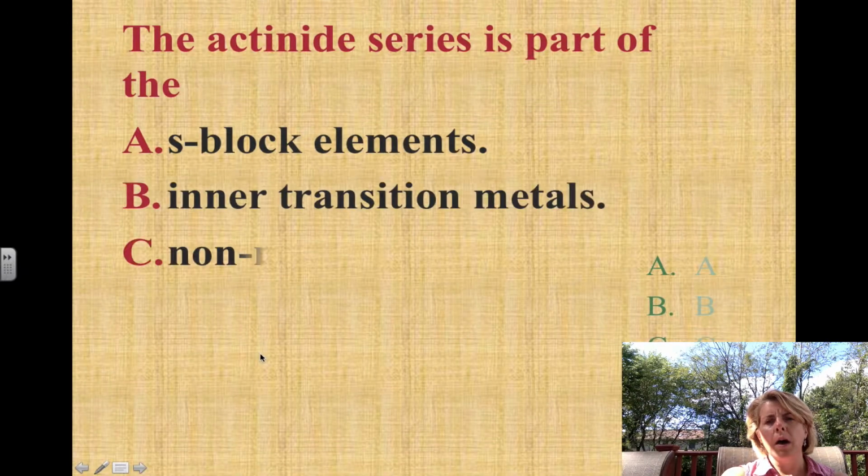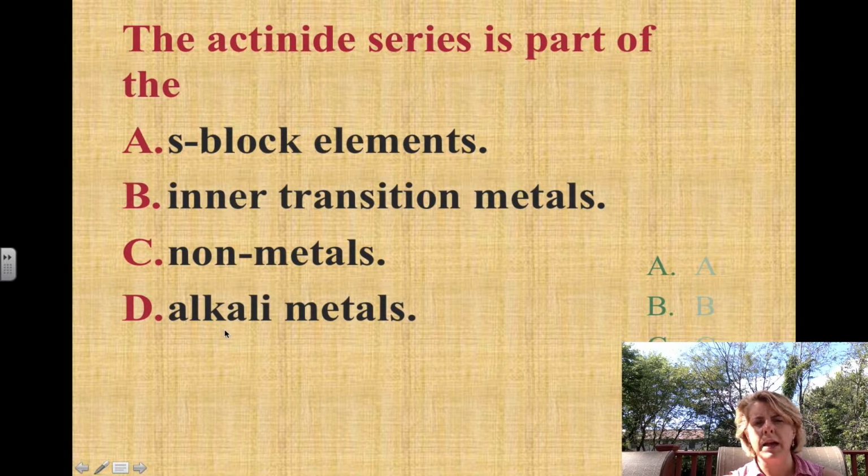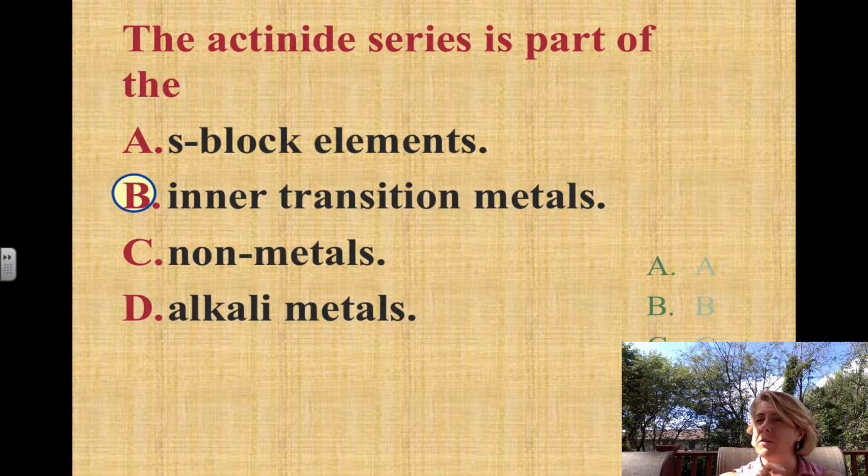Okay, here we go. These are some questions, and I'm going to answer some of them, and I'm probably going to leave one for you to decide. So the actinide series: is it part of the S block, the inner transition, nonmetals, or alkali metals? Okay, very good. Inner transition, that's the very last 2 rows of the periodic table.